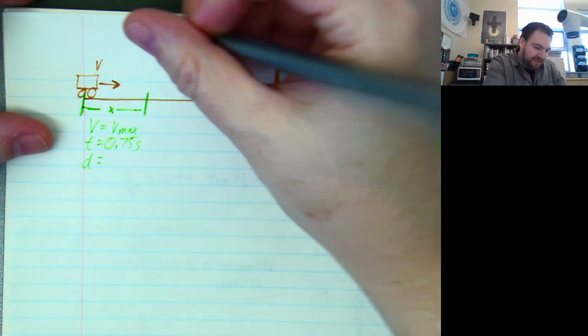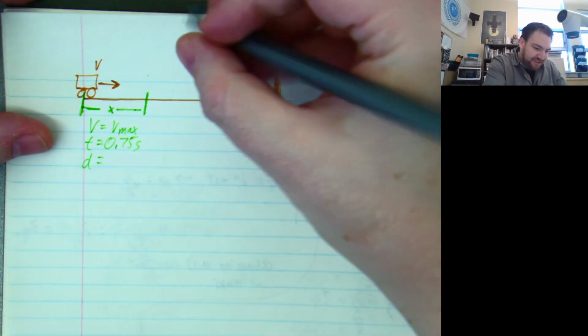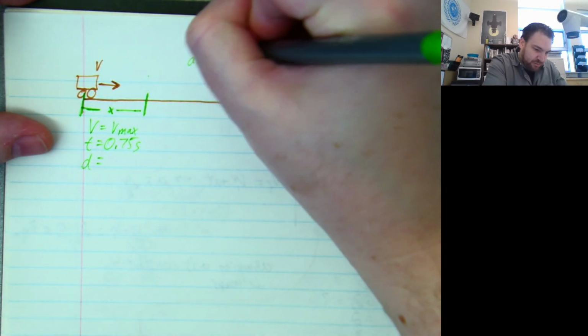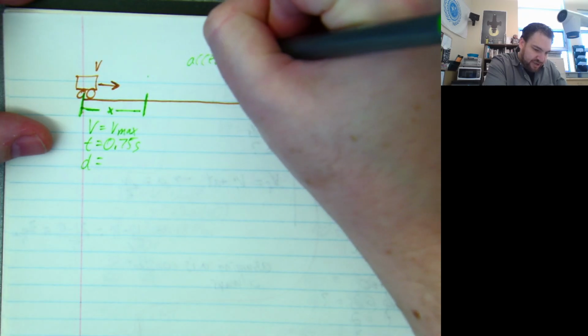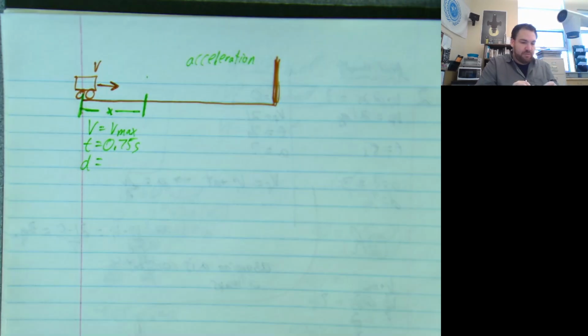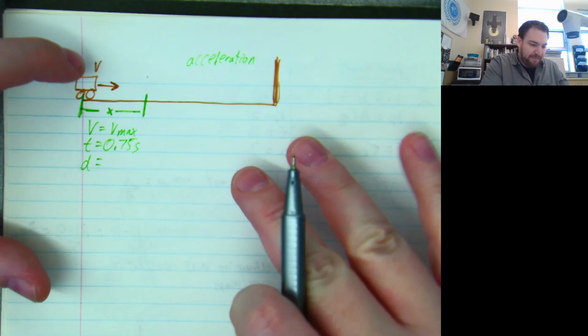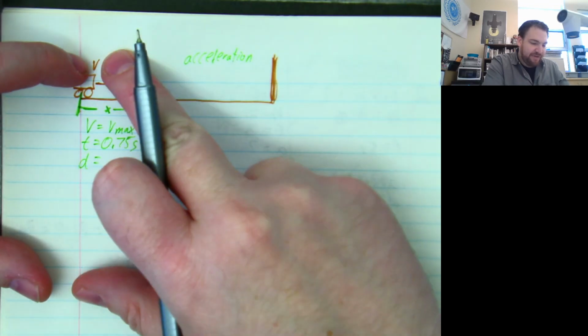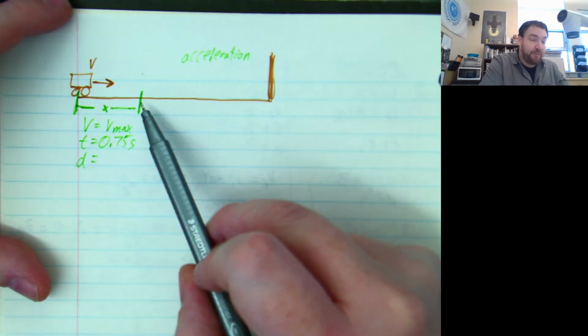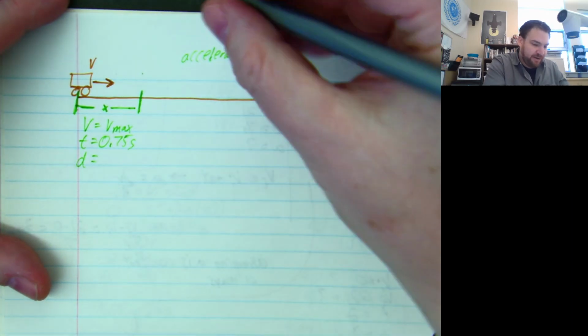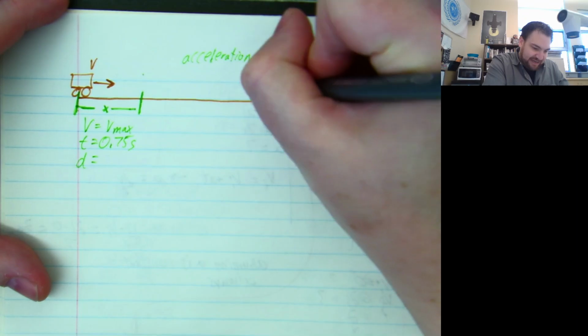And then once he begins to brake, this is the acceleration portion. And what you want is the maximum velocity that he could be traveling so that at this point, when he starts to brake, he comes to a stop.